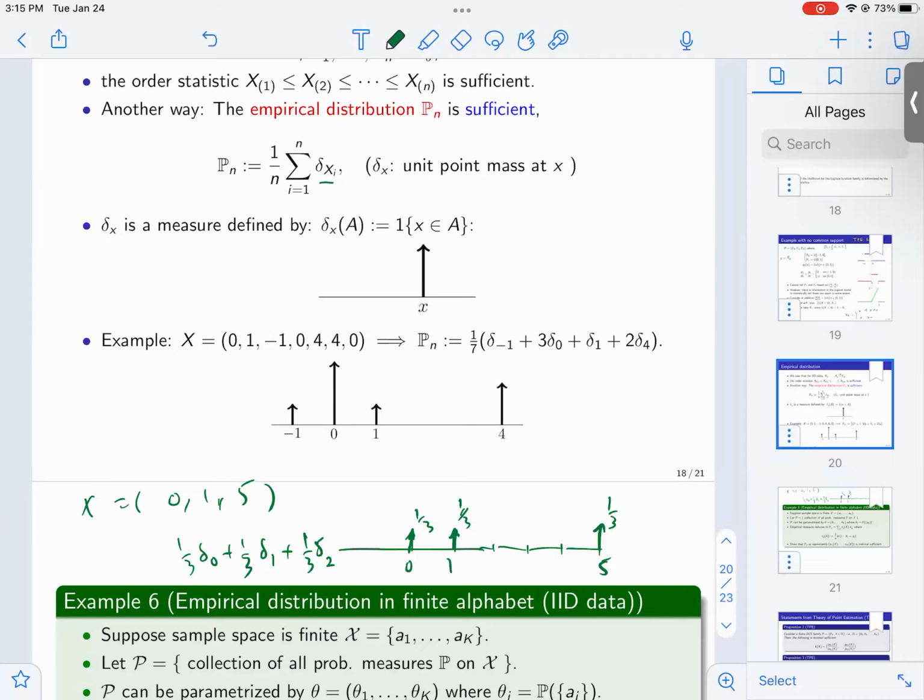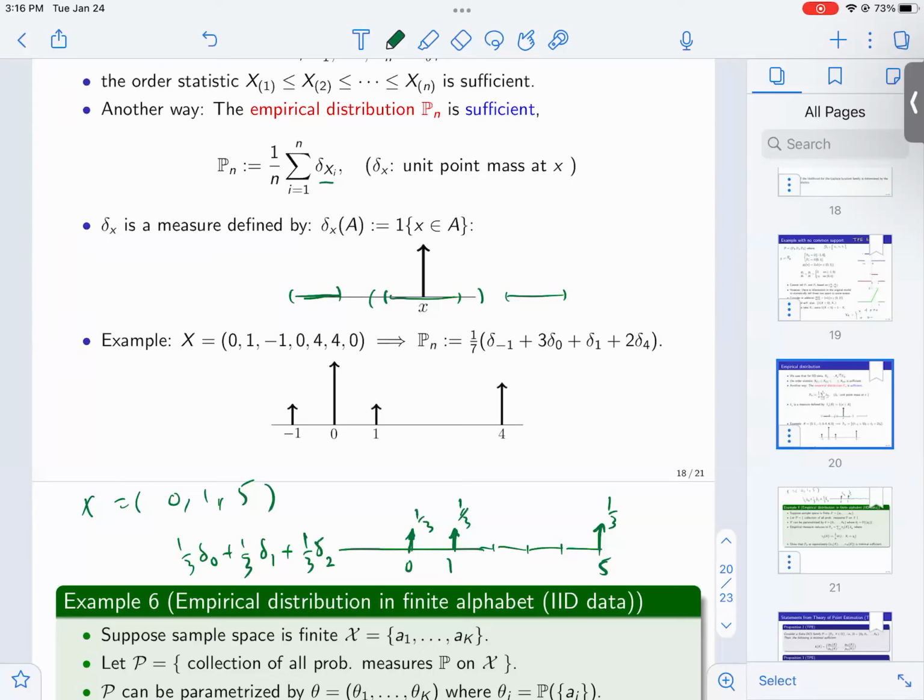For every set A, if it contains x you get 1, and if it doesn't contain x you get 0. So it models the probability distribution of a random variable that takes value x with probability 1.